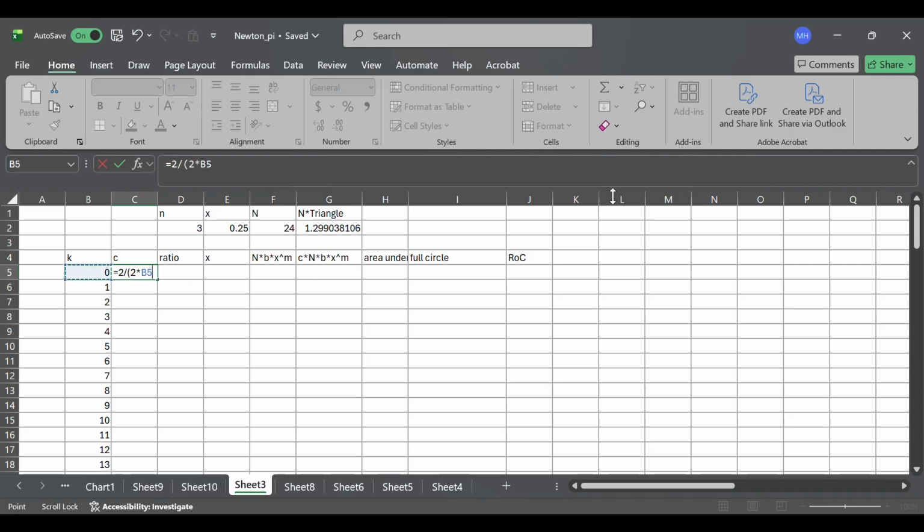Now, this integration constant is 2 over 2k plus 3. The ratio has numerator 2k minus 3 divided by denominator 2k. X is just that 0.25 number from the top.